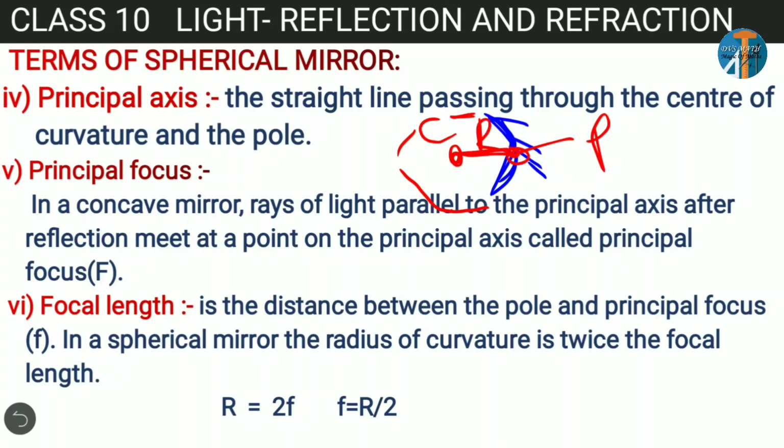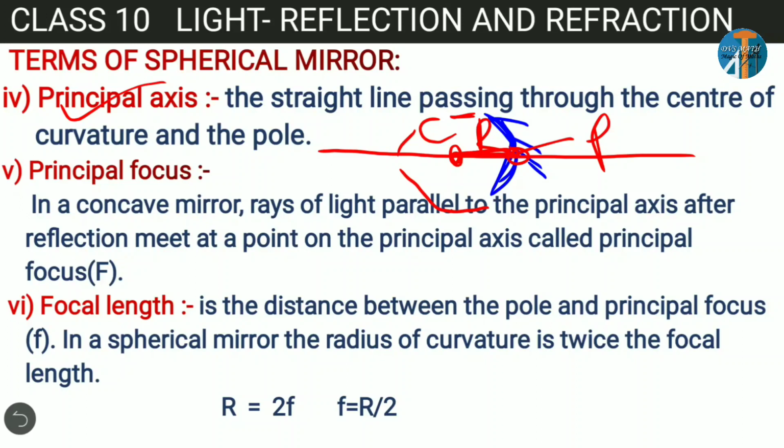Now, the principal axis is a straight line passing through the center of curvature and the pole of the mirror. Axis, as you know from the x-axis and y-axis, means a line, right? It is a straight line passing through the center of curvature and the pole.